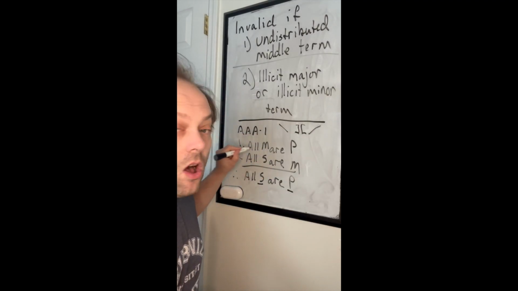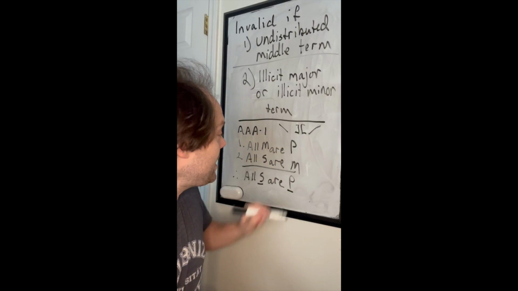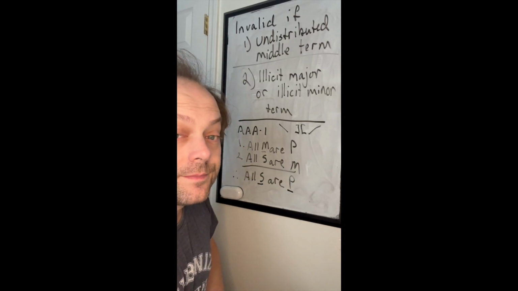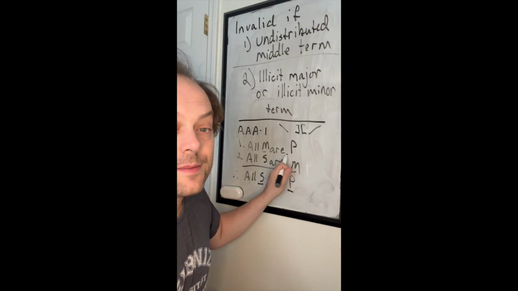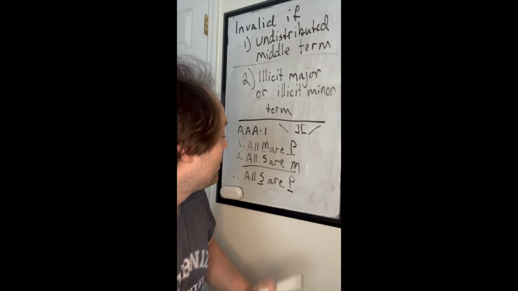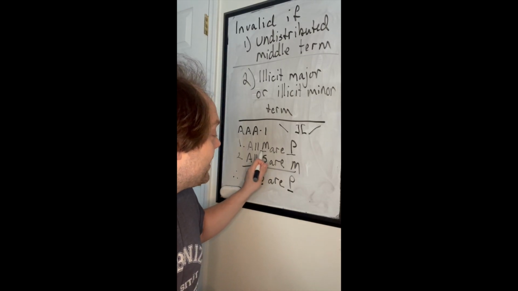When we say that all M are P, we're saying something about all the members of M. We're not saying something about all the members of P. So M is distributed here.